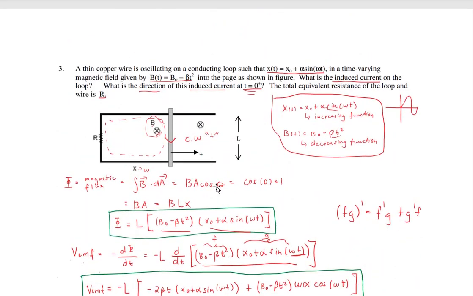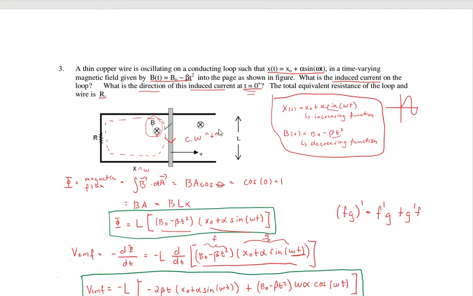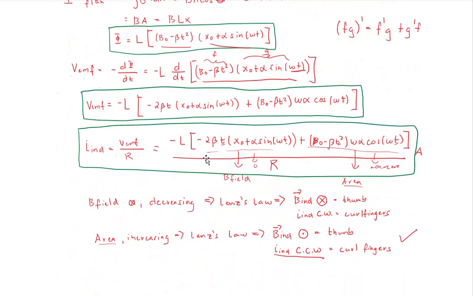Let me draw it in a different color. It's going this way. If it's going counterclockwise, that means the sign is going to be negative, because clockwise is positive. And we already see there's a negative sign over here, so that agrees with our findings.